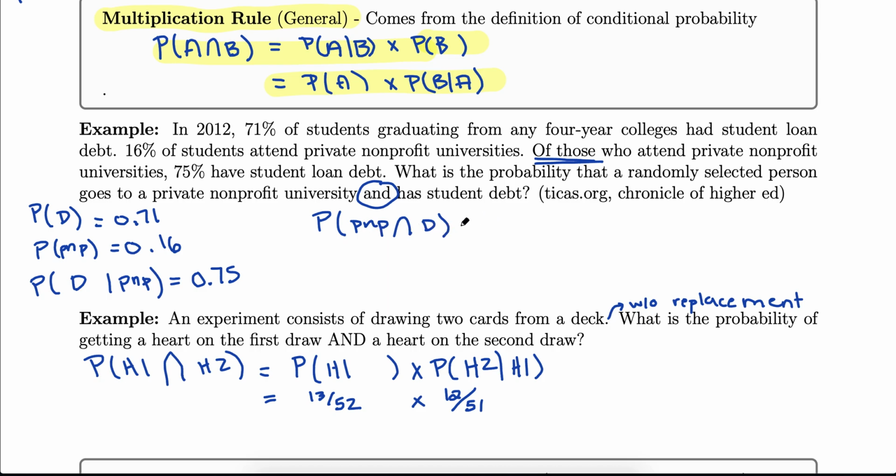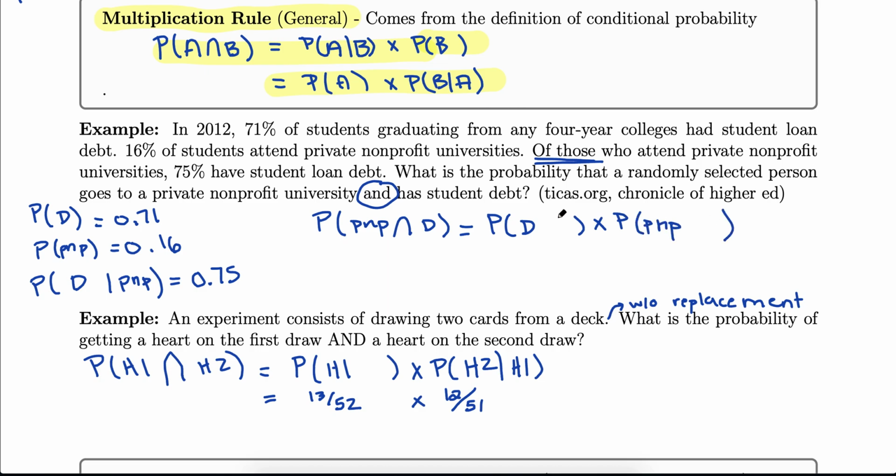That's our question of interest here. And using our multiplication rule, we're not just going to do debt times private nonprofit. We need to use one that works all the time, because debt times private nonprofit is only for when they're independent. So we're going to do probability of debt, I'm going to start off that way, times probability of private nonprofit.